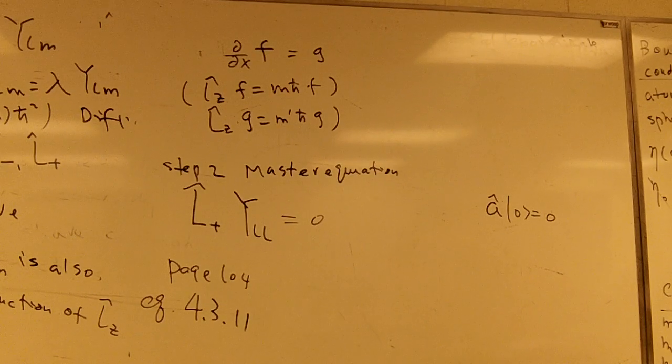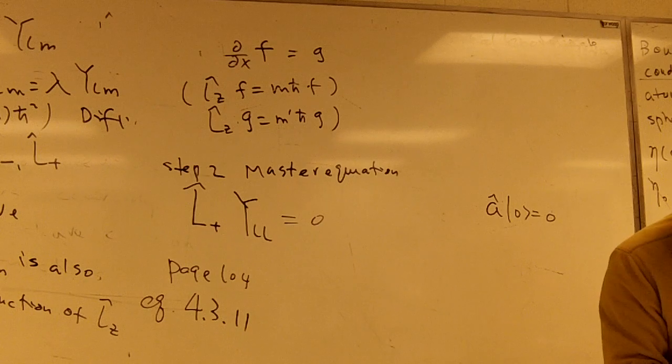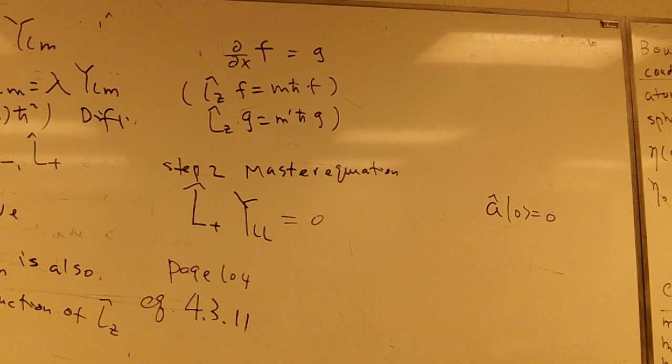L plus YLM is a different eigenfunction of Lz, but increases its eigenvalue by plus H bar. This is why L plus is called the raising operator. L plus changes the eigenvalue for Lz, but it keeps the eigenvalue of L squared. This shows a crucial difference between two sets of operators: since the commutator of L plus and L squared equals 0, the application of L plus to YLM does not change the eigenvalue for L squared. And since the commutator of L plus and Lz does not equal 0, the application of L plus to YLM does change the eigenvalue. Great, thank you so much.